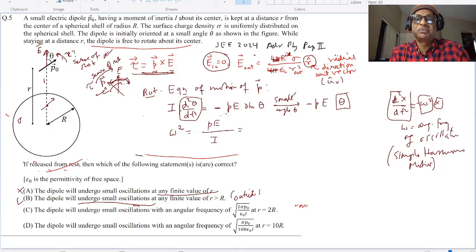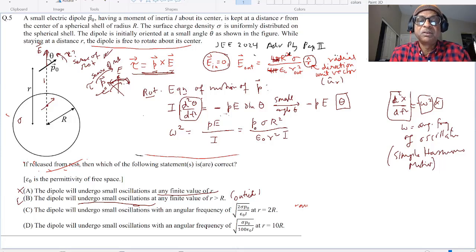So E is going to be E out, because I'm outside, so it's going to be this guy. PE will be sigma R squared over epsilon naught, R squared, I. So P is P naught.